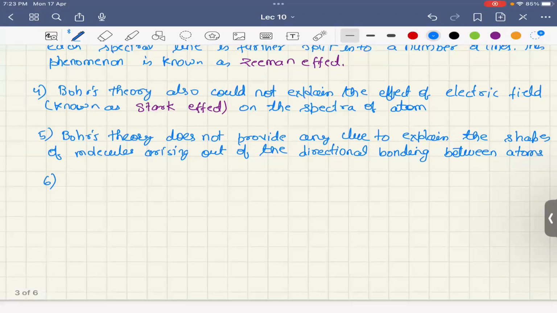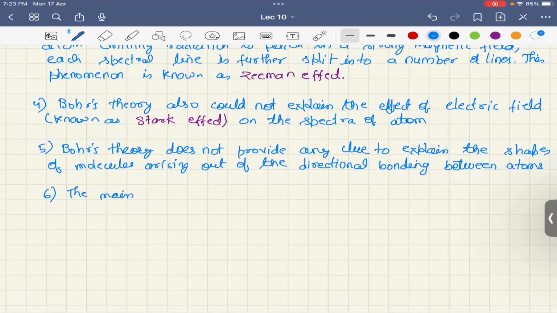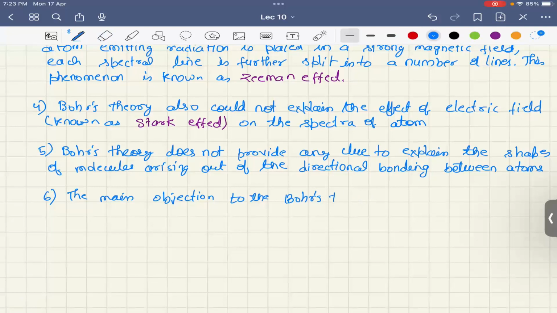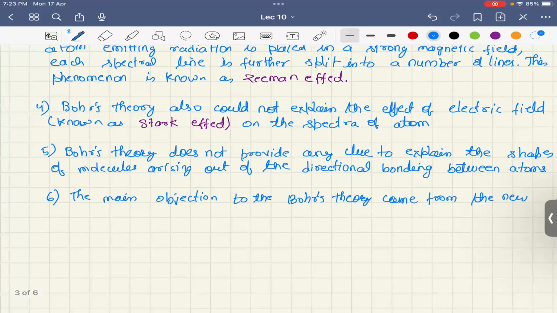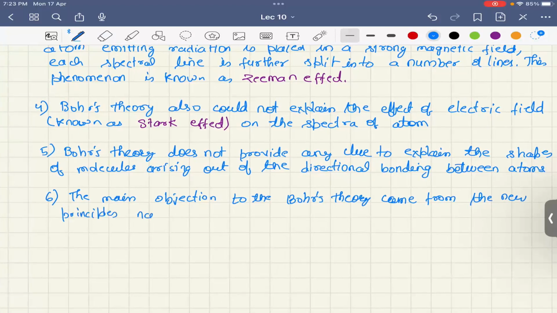The main objection to Bohr's model, or Bohr's theory, came from the new principles, namely the dual nature, which we are going to study, and the uncertainty principle.